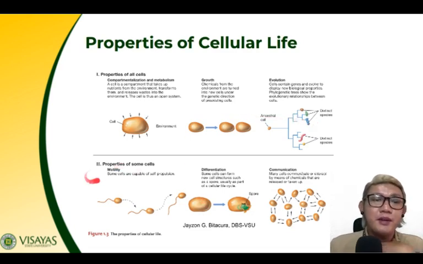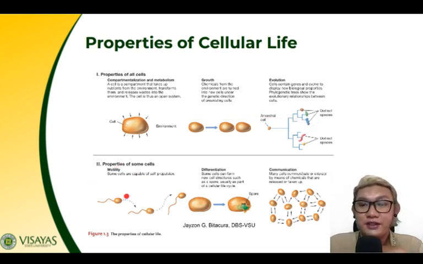Now there are also properties that are only found in certain types of cells, like motility. Not all are capable of movement. Differentiation: not all cells can differentiate into other types of cells, although we know now that the production of induced pluripotent stem cells could make one differentiate into any type of cell.